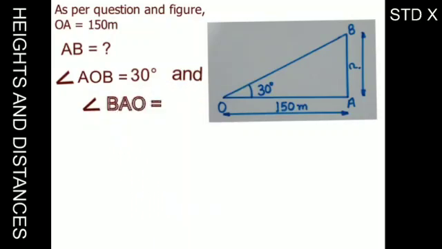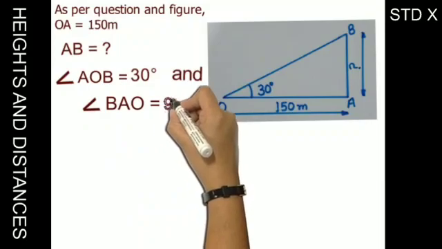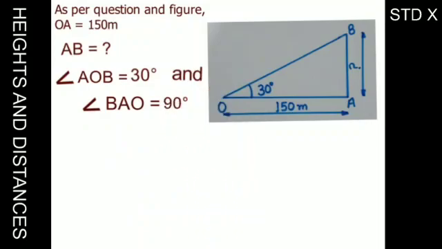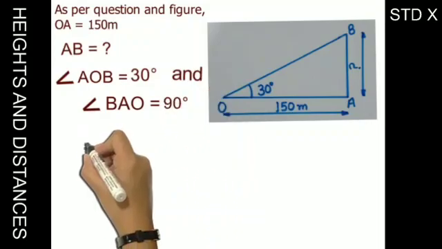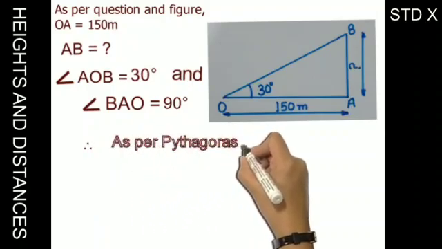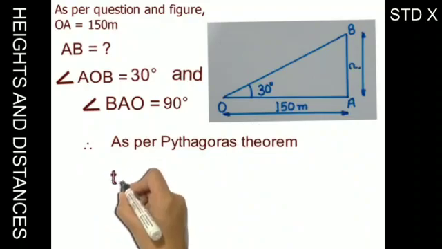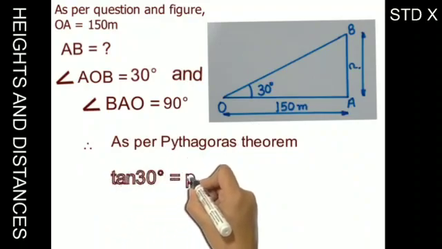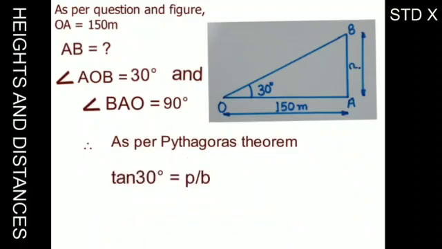Cos theta is base by hypotenuse. And tan theta equals perpendicular by base. As in the given video you see, angle BAO equals 90 degrees, so we can apply the Pythagoras theorem. Over here, tan 30 degrees is equal to P by B. What is P here? AB. What is B here? OA.